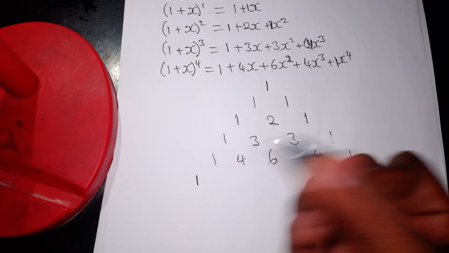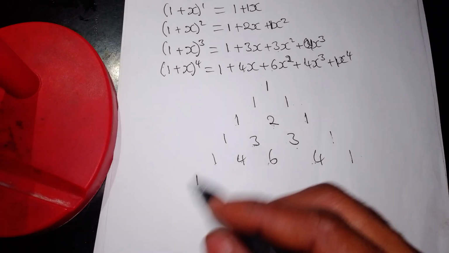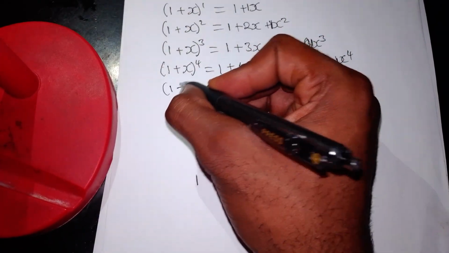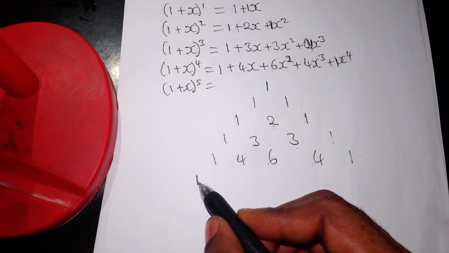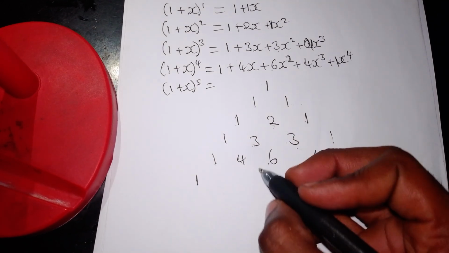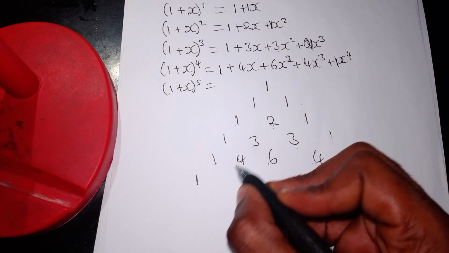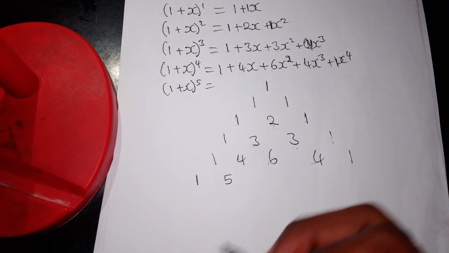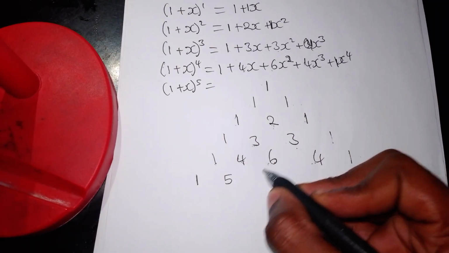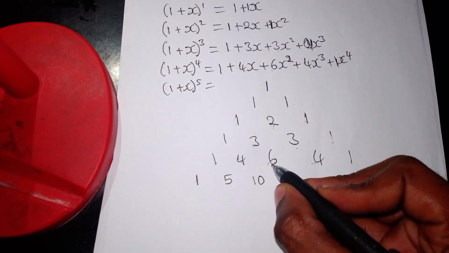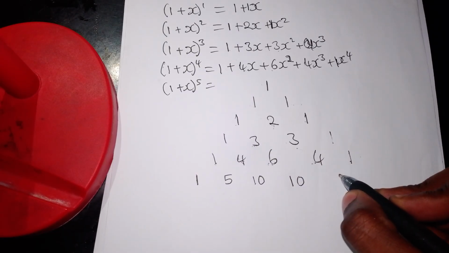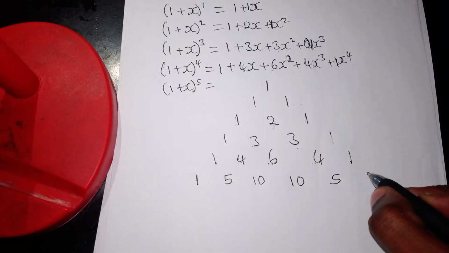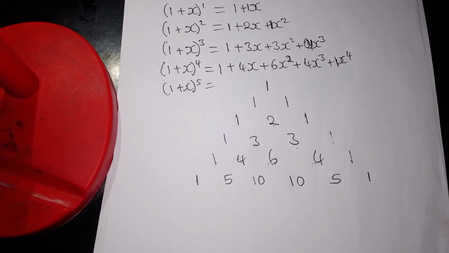So if I wanted to expand something raised to the power 5, then my coefficients will be: I'll start with a 1, followed by this plus this, that's a 5. And then this plus this is a 10. This plus this, we have another 10. This plus this, we have a 5. And then at the end, you have a 1.